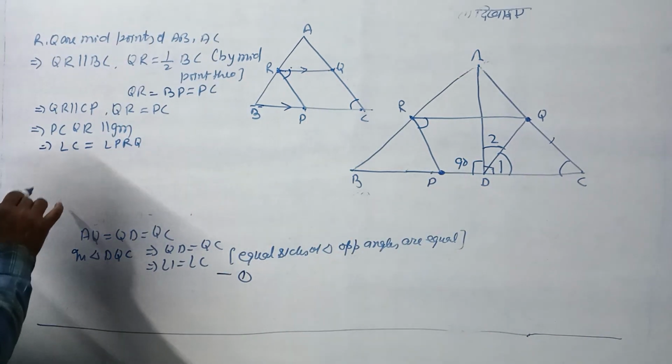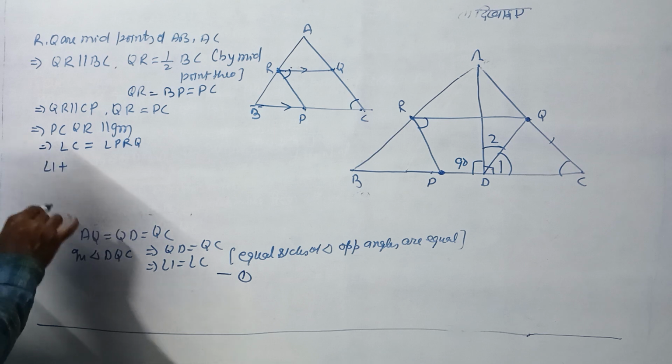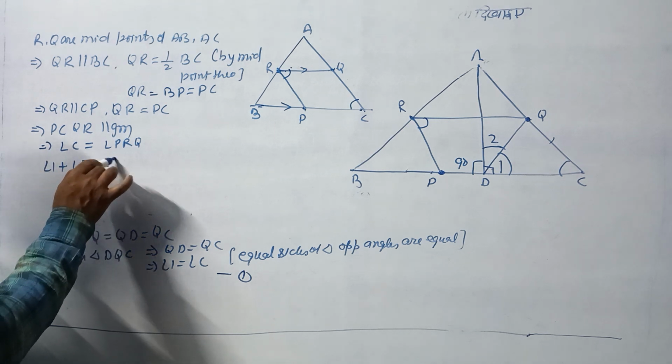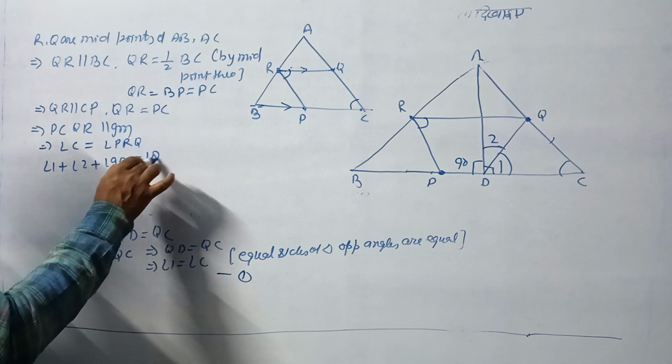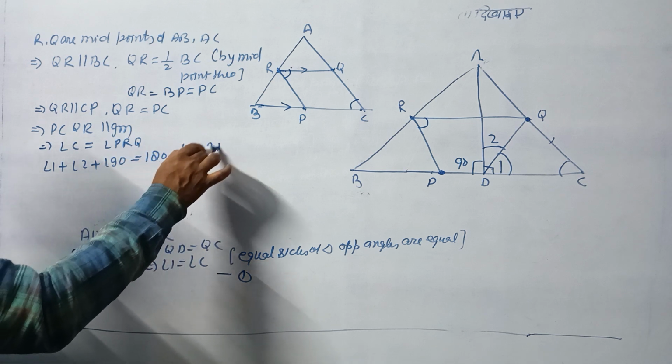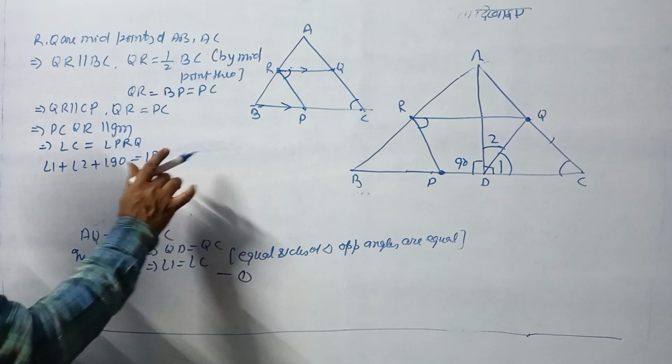Then angle 1, angle 2, angle 90 equal to 180, linear pair. You can say BC is a straight line.